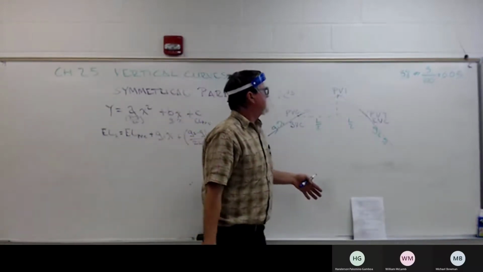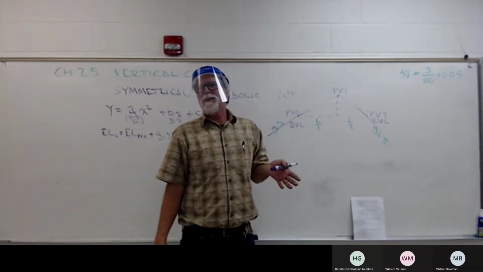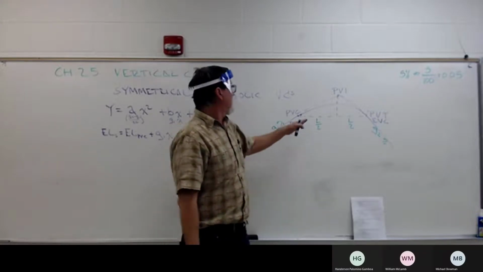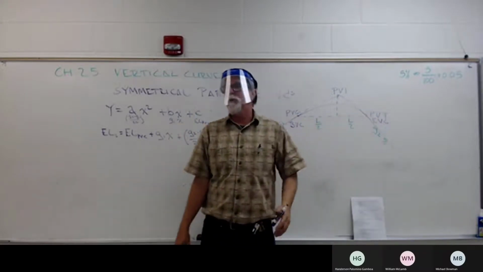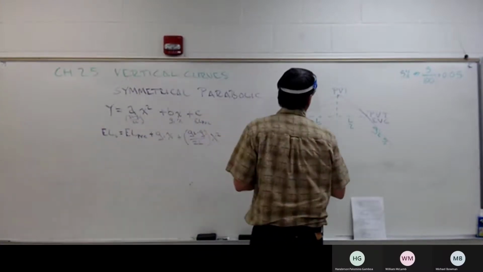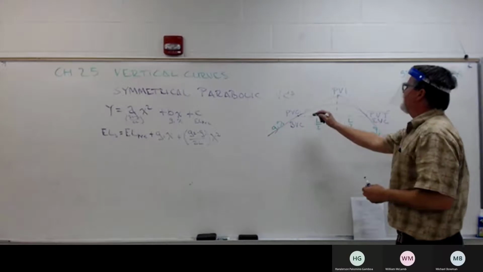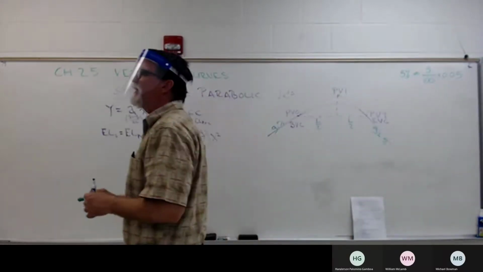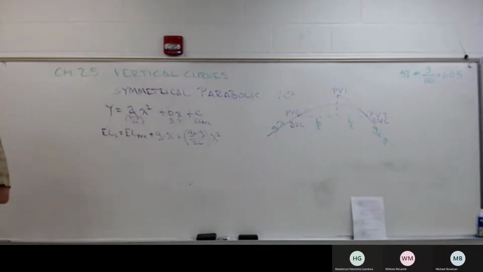In vertical curves, we measure the length of the vertical curve based on the station difference between the beginning of the curve and the end of the curve. It's not what the parabolic length of that actually is. It's just the length of those station differences.